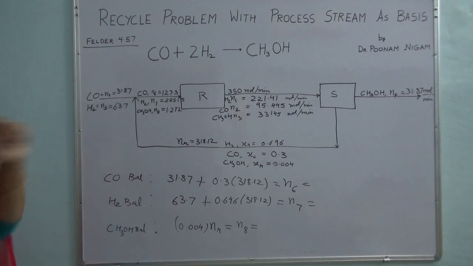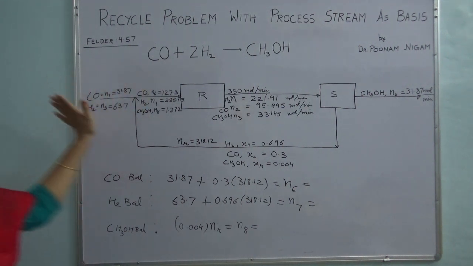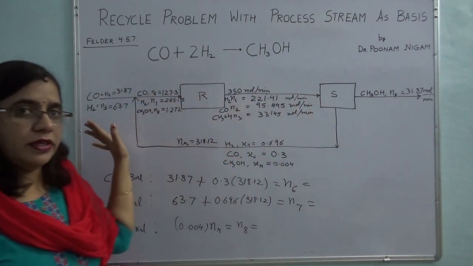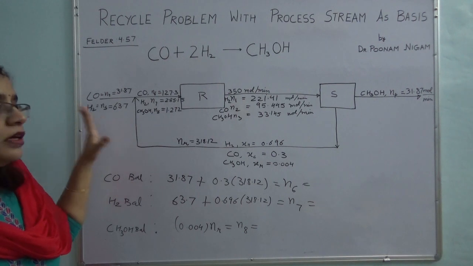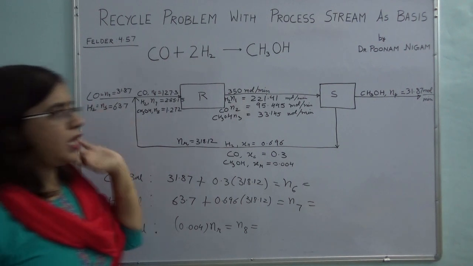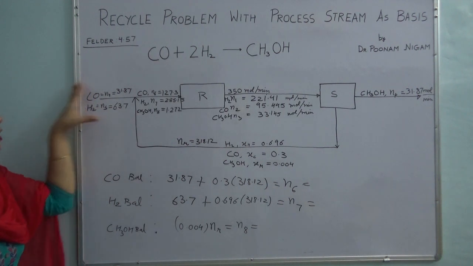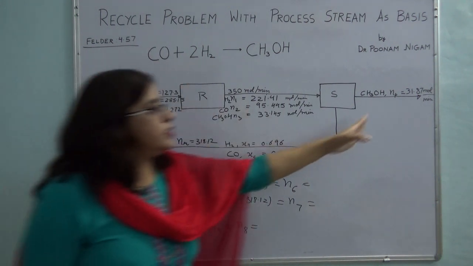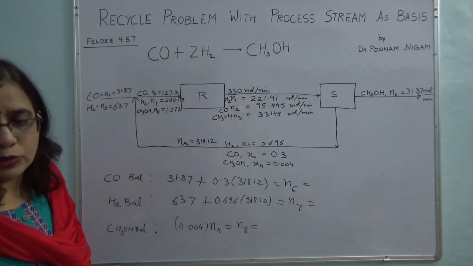Okay, so now I have the composition and all the flow rates I have calculated. So now I have a balanced flow chart. Now whatever they have asked, you can calculate from here. The fresh feed which is going in, the ratio, what is the product stream, what is the recycle ratio, everything you can calculate from here.